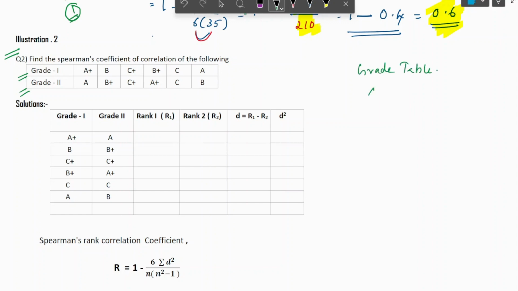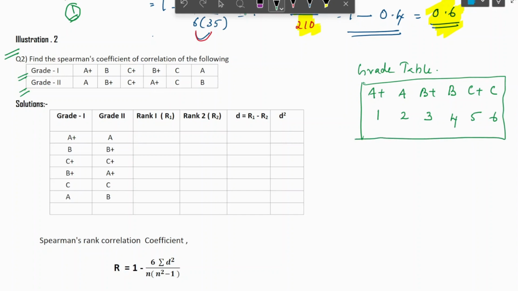First comes A plus, then A, then B plus, B, C plus, C. Once you assign the rank, A plus gets first rank, A second, B plus is 3, B is 4, C plus is 5 and C is 6. Therefore, this is a grade table where we assign the grade and rank.